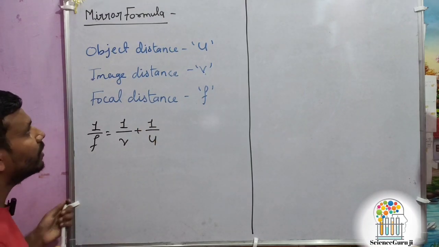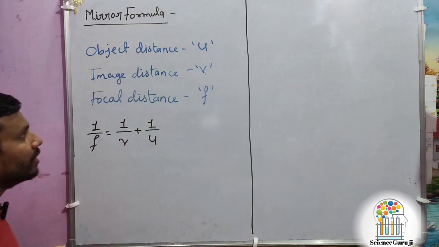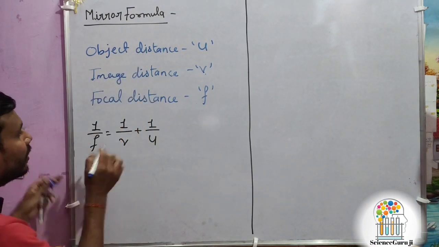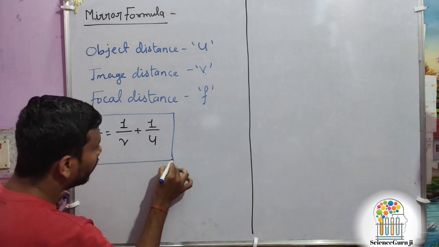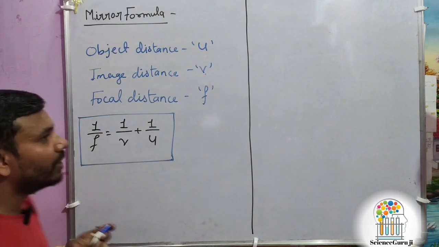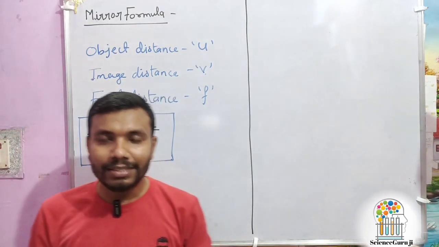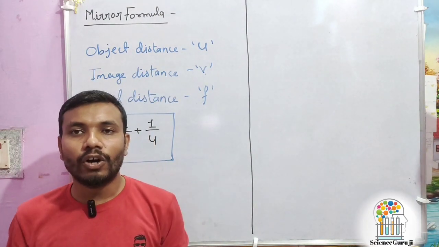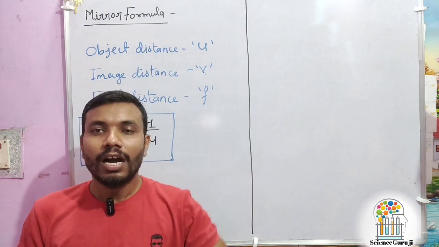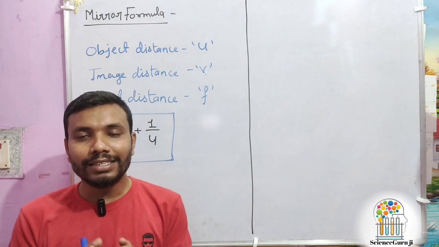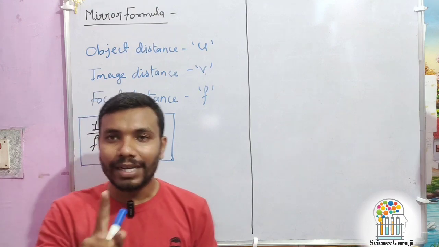This is the relation between the object distance, image distance and the focal distance. By this mirror formula we will calculate the object distance, image distance and also the focal distance. How we will calculate? Let's understand with the help of one example.